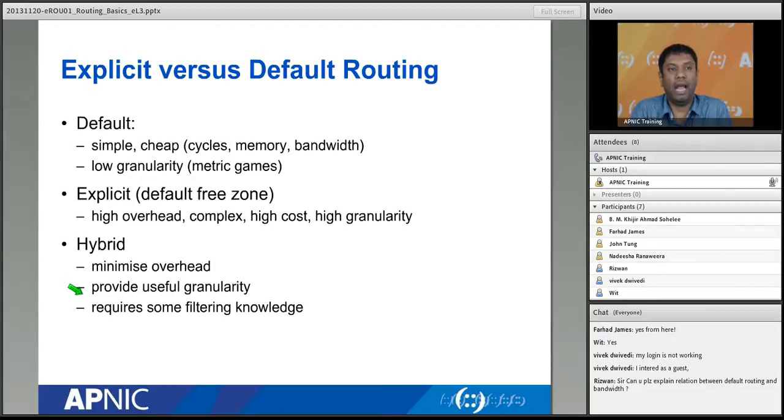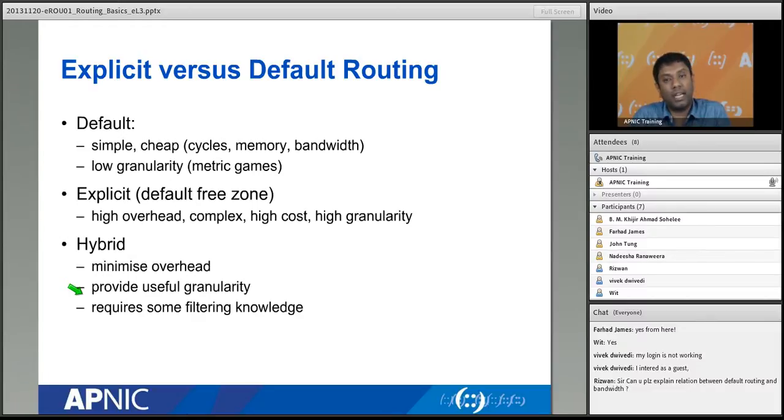Okay. So in explicit route, the advantage is we can do destination specific routing, right? And also, if any of your remote networks is down, that can be identified by your routers, and your router can dynamically change your path.